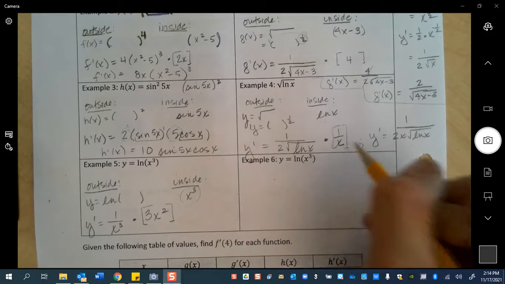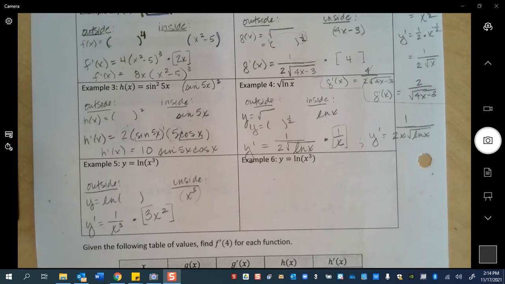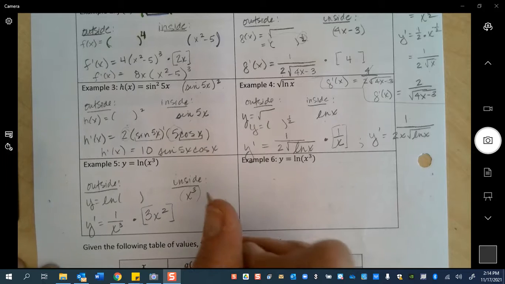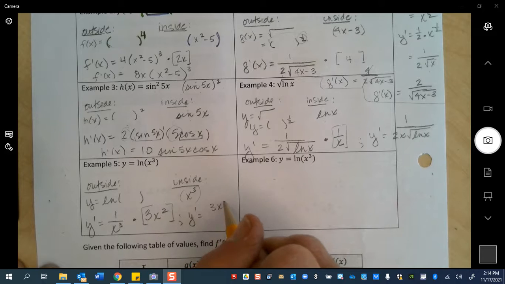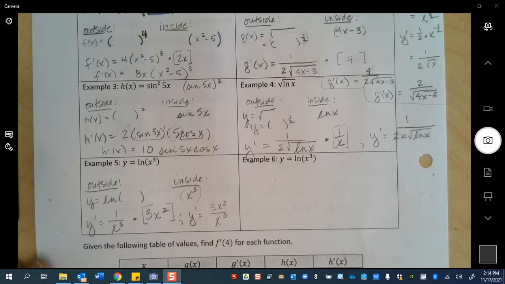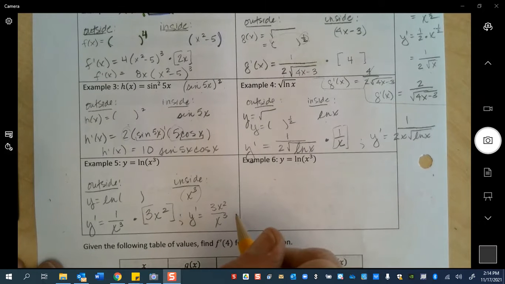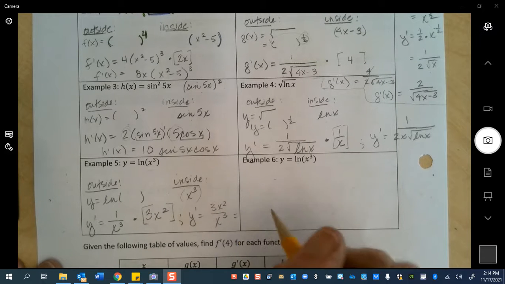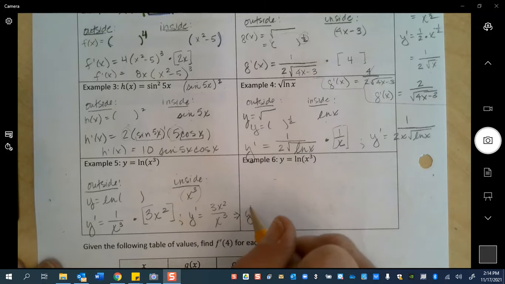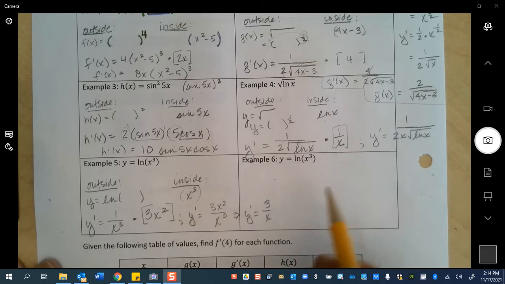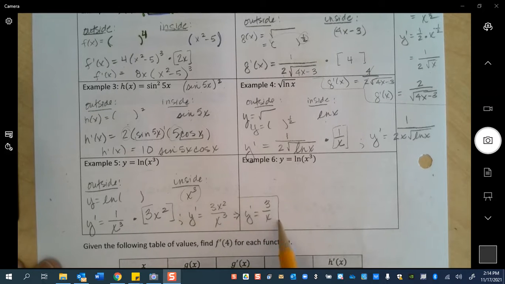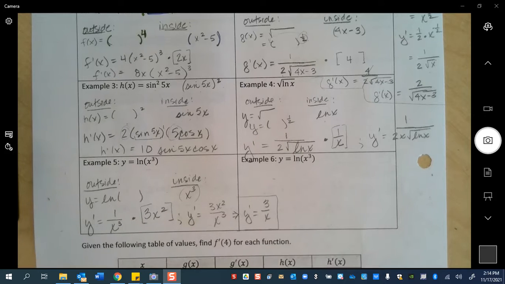Try to get better at drawing my boxes so you can see the derivative. So when I put that together, I get y prime is equal to 3x squared over x cubed, which then simplifies again to y prime is equal to 3 over x. We okay with that?